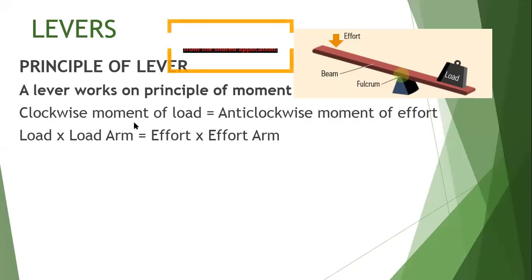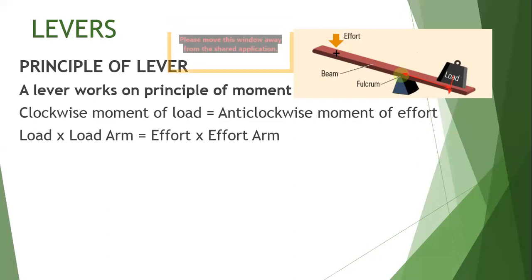So what is the clockwise moment? It is this force into this distance. This is my clockwise moment. This force, the load in a downward direction, into this distance from the fulcrum to the load, that is my load arm, is equal to what we apply, the effort.